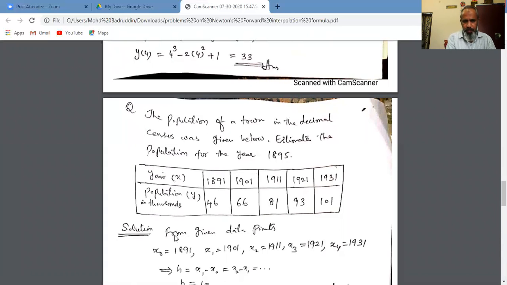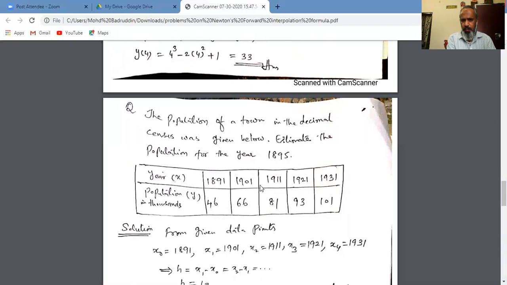So see here, from the given data points, what is x naught? X naught is 1891. This is x1, 1901. This is x2, x3, and x4. So these values are y0, y1, y2, y3, and y4.